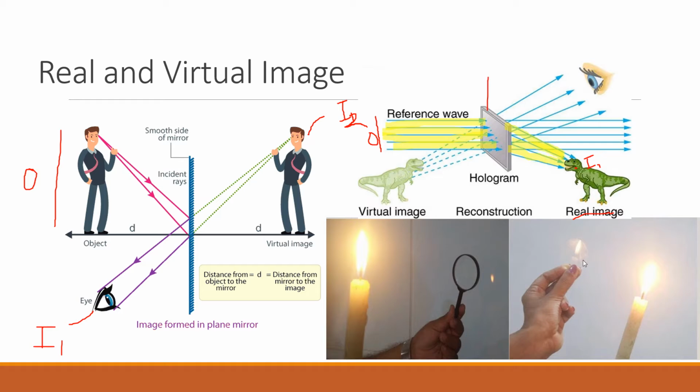Now what will appear is as if the light which comes appears to diverge. For our normal human eye, the light will appear to diverge from a particular point, like this.